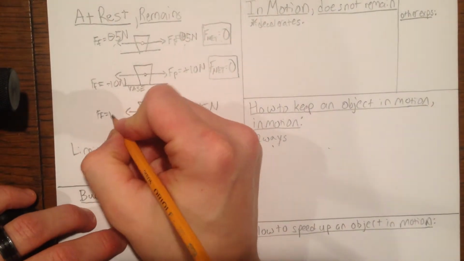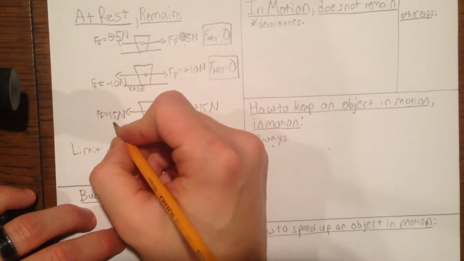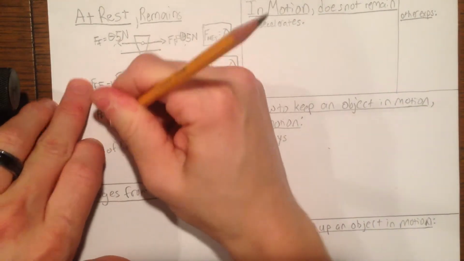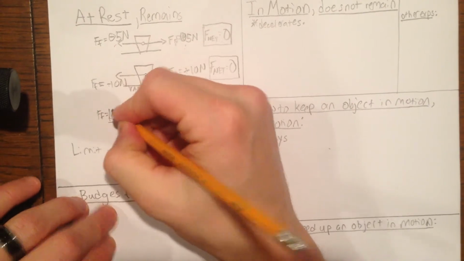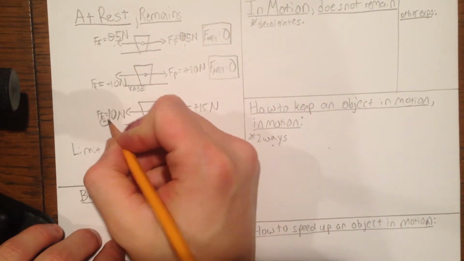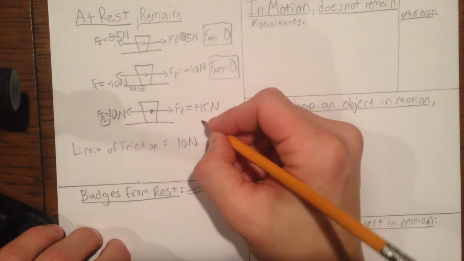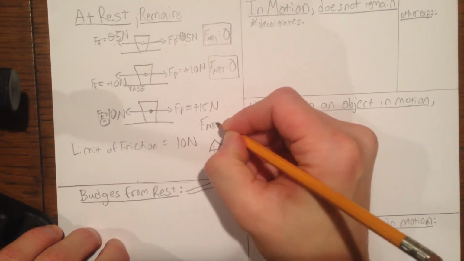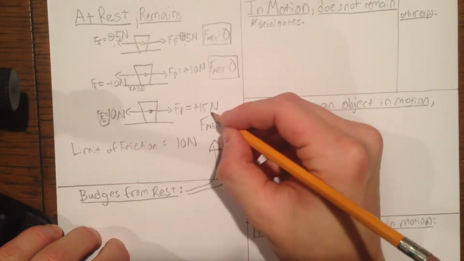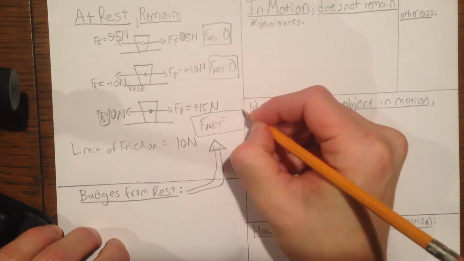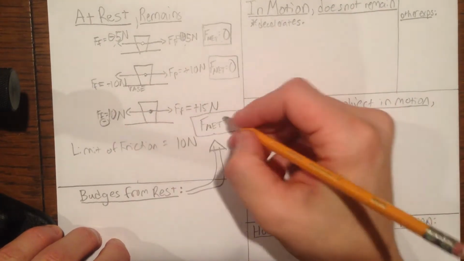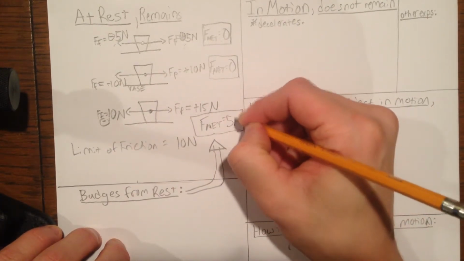So if I push with 15 newtons, then my friction remains -10, right, and I would have a net force. In this case that I drew, the net force would be 15 minus 10, 5 newtons.